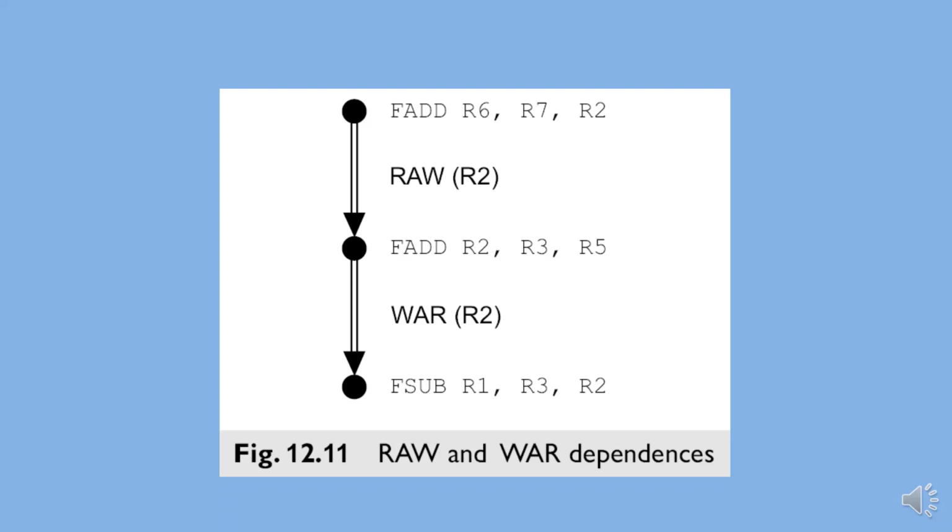Let us assume that when the first F add instruction executes, R2 is mapped into program invisible register xm. The later F sub instruction is writing another value into R2. Clearly, the second F add should see the value in R2 which is written by the first F add and not the value written by F sub. Figure shows these two dependencies in graphical notation.